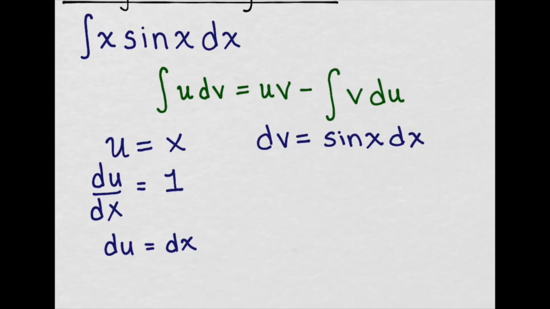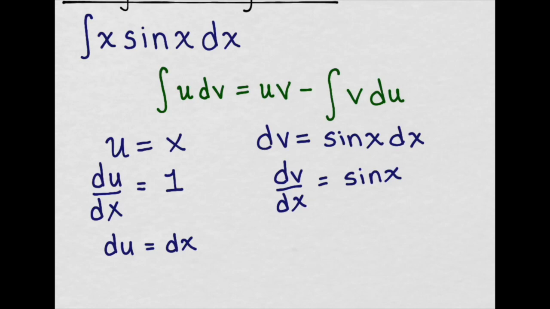Next, we need to go from dv to v. The way I like to do that is to divide both sides by dx. So dv dx equals sine of x. In other words, we have the derivative of v equals sine of x. So what v would yield sine of x when differentiated?